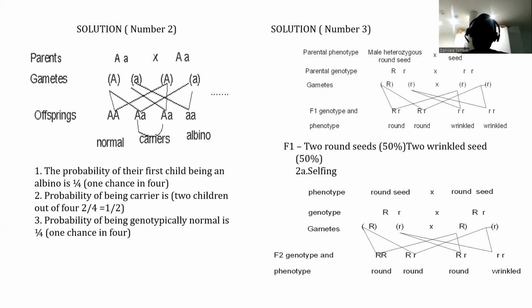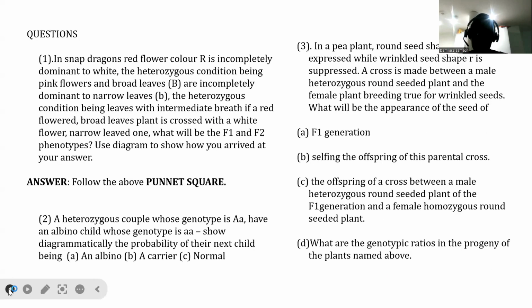As simple as that. And the last question here, they said in pea plants, round seed shape R is usually expressed. Remember, capital letter R is expressed, which means it's dominant.